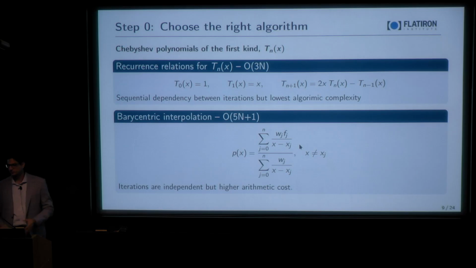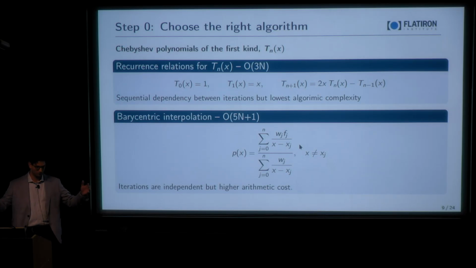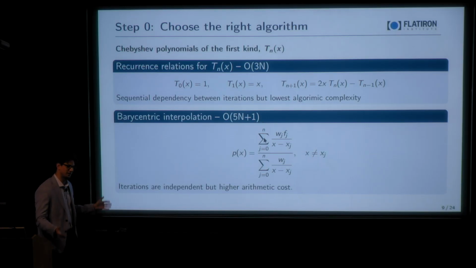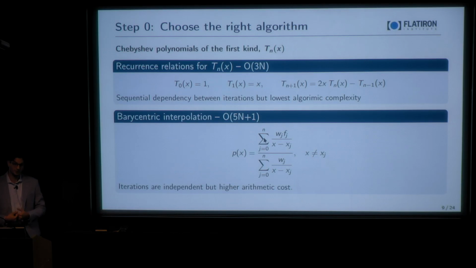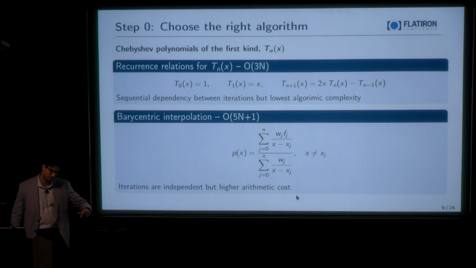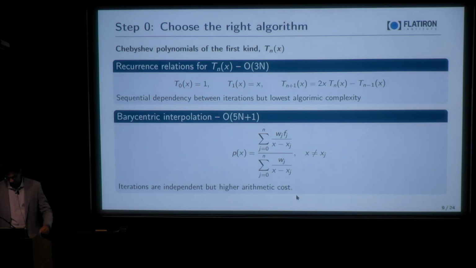We can do this in any order. That means all the iterations of the for loop from 0 to n are independent, which means the second algorithm can be SIMD'd. The first one, not so much, because it's a recurrence relationship, so you need the result of the previous iteration to compute this iteration.